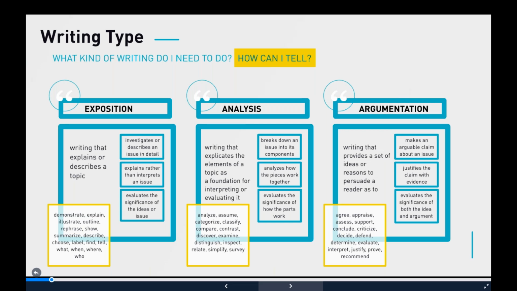And argumentation is different yet. We have agree, conclude, determine, interpret, justify, prove. We can start to use these kinds of words to perform the actions we need in our paper. These words are the actions that we'll need to complete in order to fulfill the instructions of our assignment.